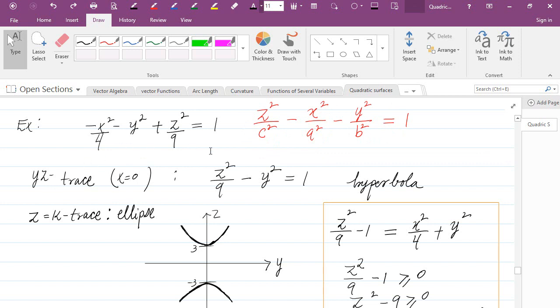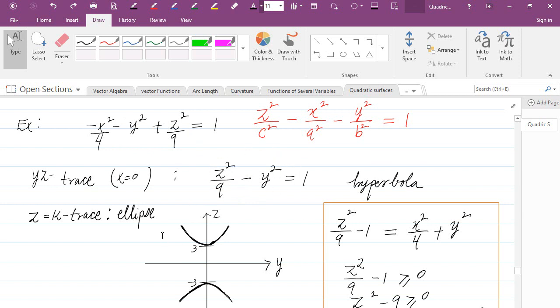So first of all, for this example, let's look at the yz trace again. To find that, I have to plug in 0 for x. If I do that, I get z squared over 9 minus y squared is equal to 1, which we know to be a hyperbola.